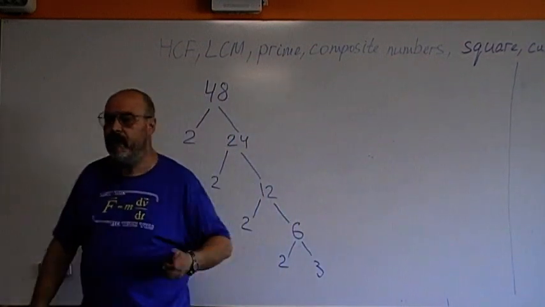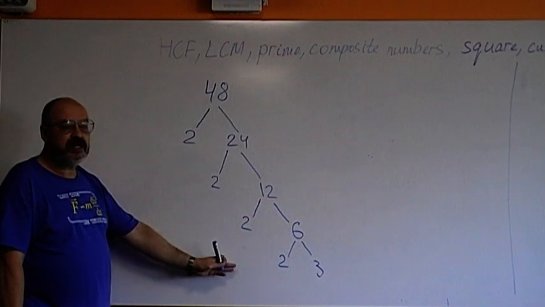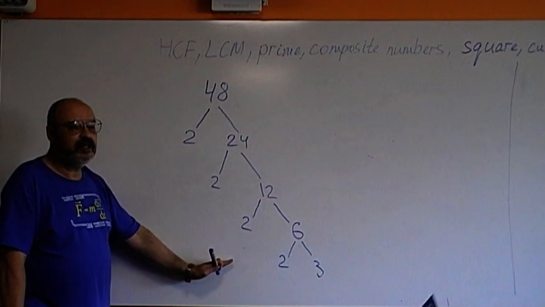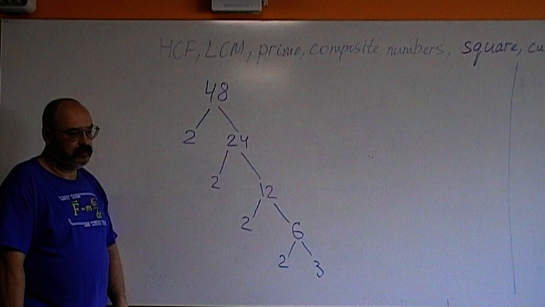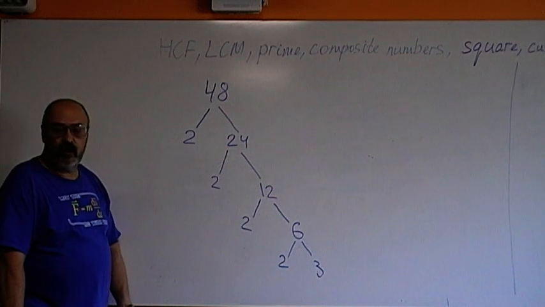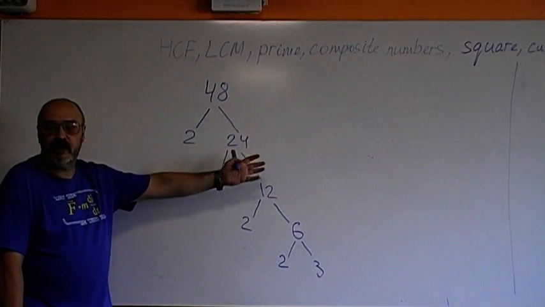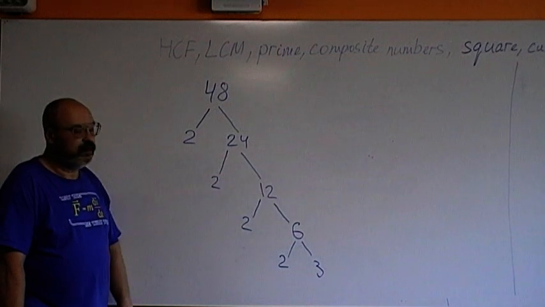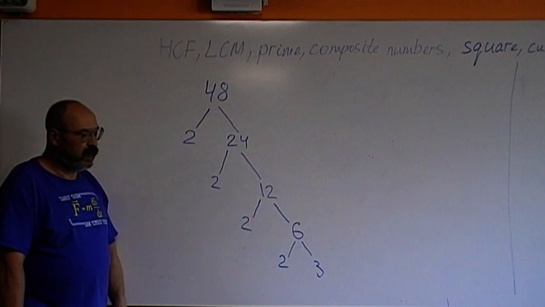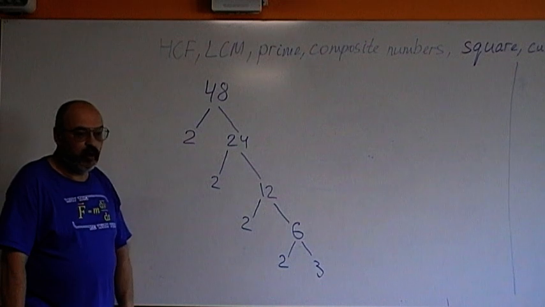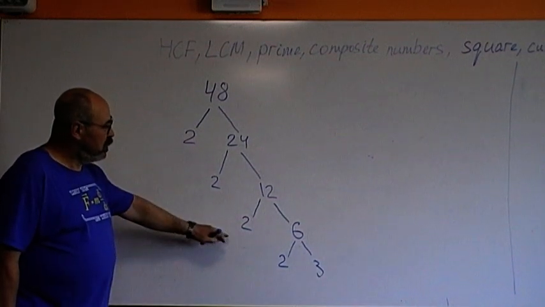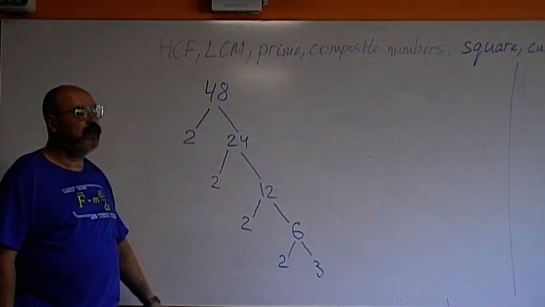So write this down, write this example down. So the prime factorization of 48. And all examples that I write on the board, I expect that you copy. So that is prime factorization.